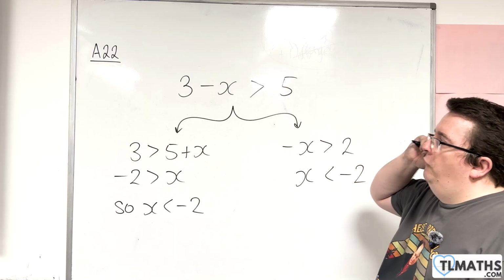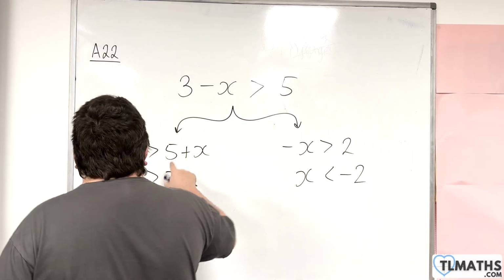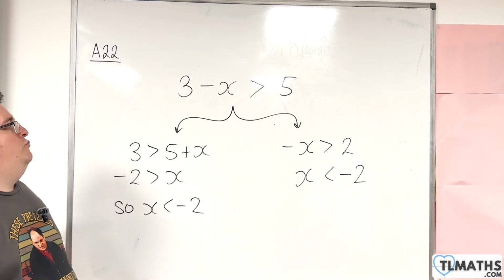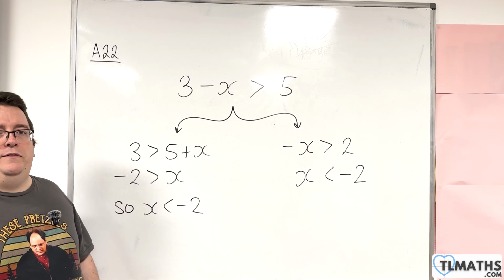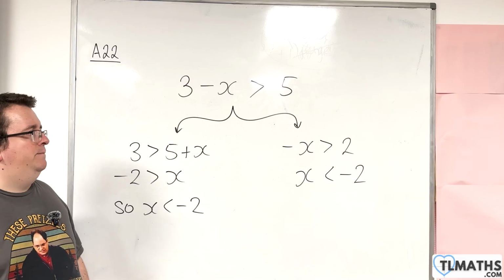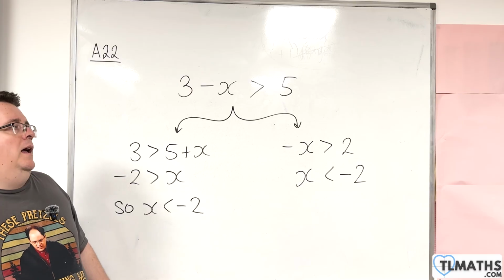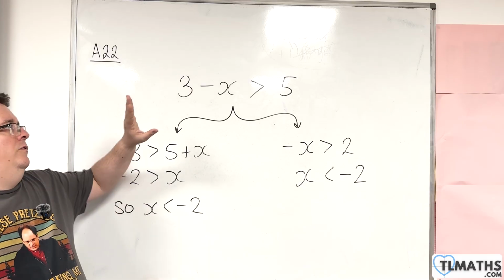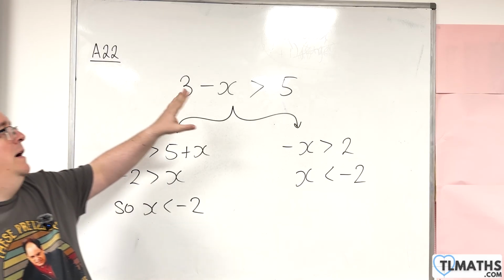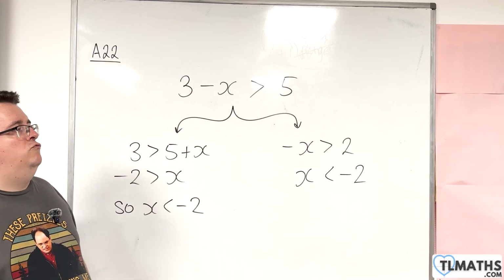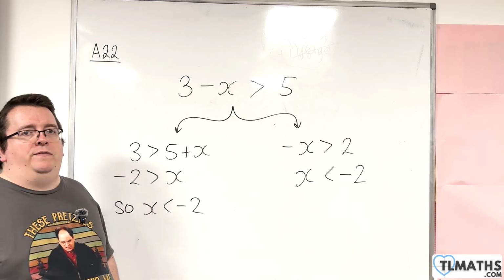And so this avoids what I feel is a little bit of an unnecessary step of rearranging to get the x's on the other side of the inequality. There's nothing wrong with either of these two methods. This step of multiplying or dividing through by the negative number is one thing that you just have to remember, that it will flip that direction of the inequality symbol.